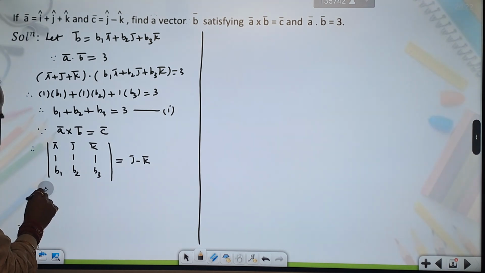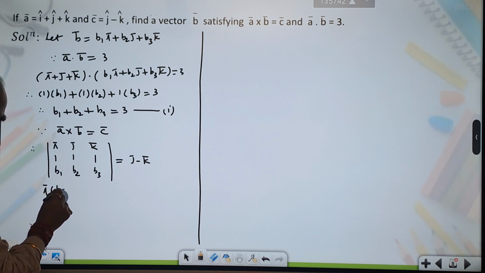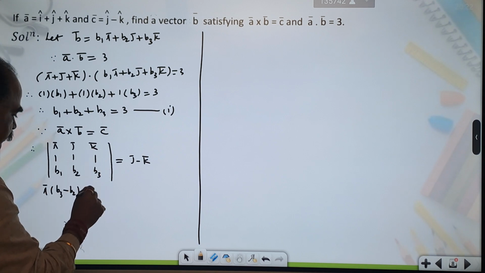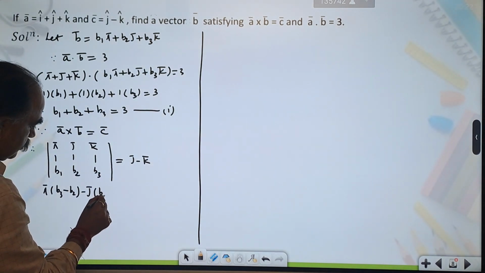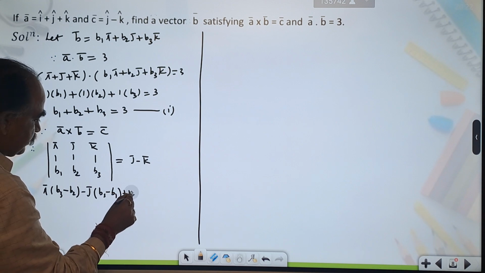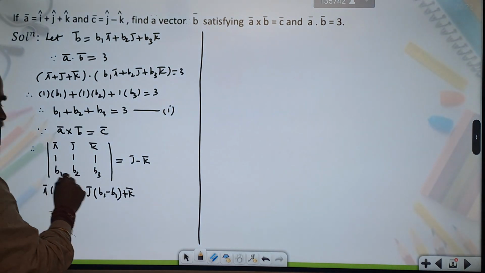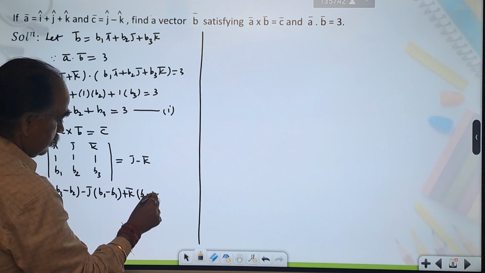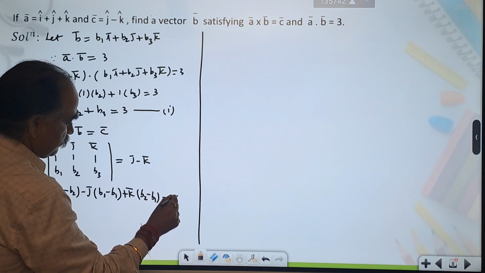So i bar into b3 minus b2, minus j bar into b3 minus b1, plus k bar into b2 minus b1 is equal to j bar minus k bar.